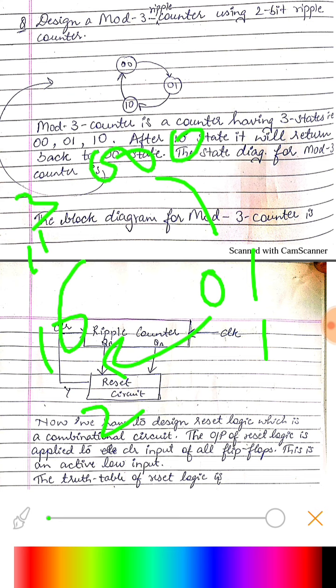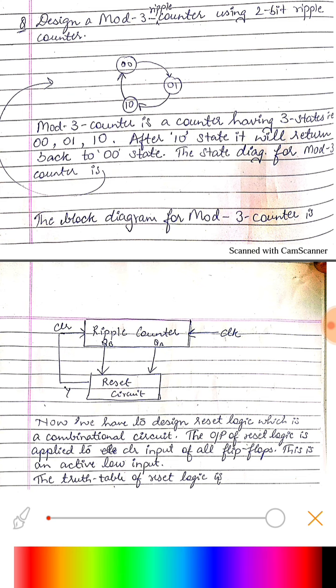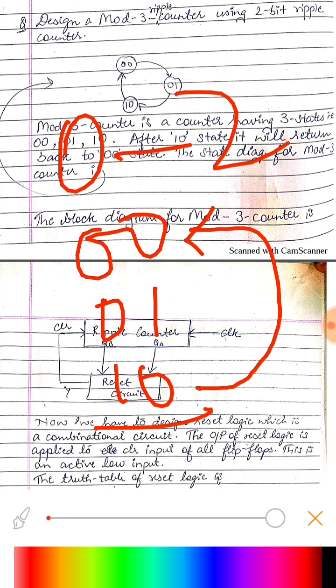It can count 4 possible values of this combination of bits, 0 to 3. But if I need to count only up to 2, that is 0 to 2, that is a mode 3 counter. I need to count only 0 to 2, that is from 00 to 01 and then 10, and it would reset again after this value. It would not count the 3.